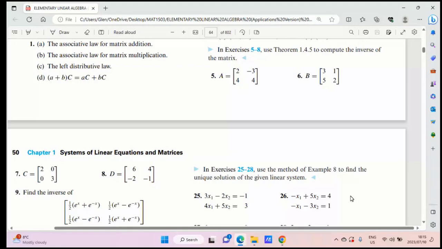Now, the second entry will remain a 0. Going to the second row, the first entry will be a 0. Bringing in this 1/6, the second entry will be 1/3. Do you all agree with that? Yes.